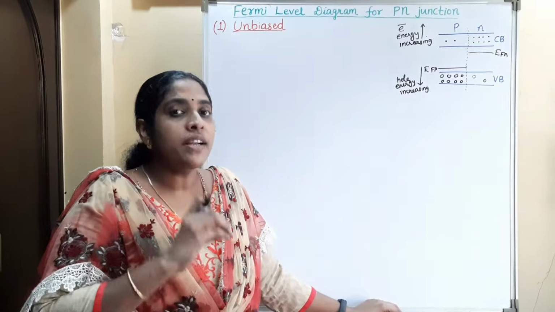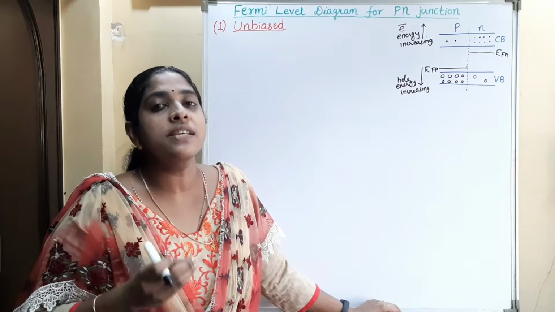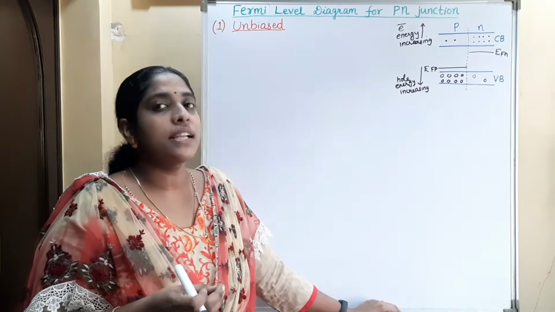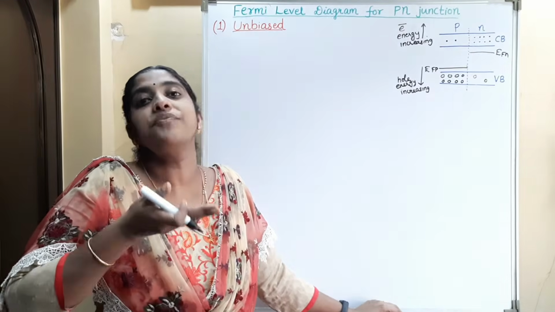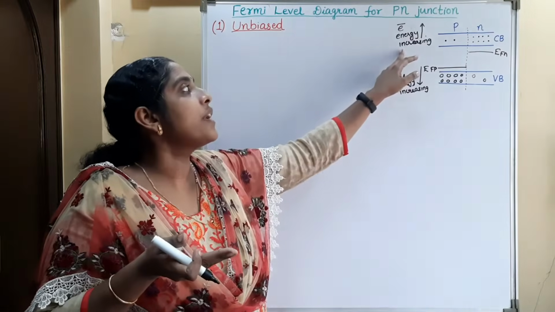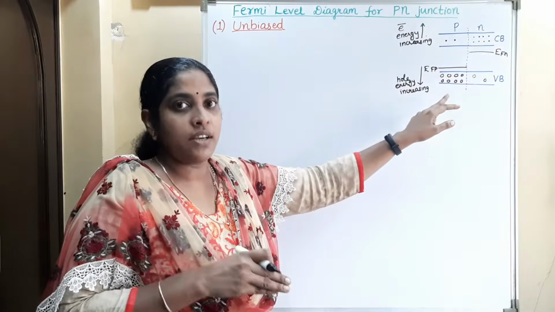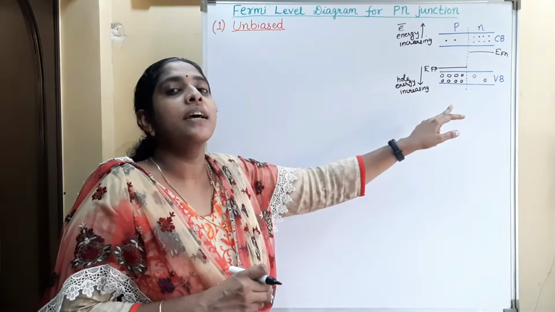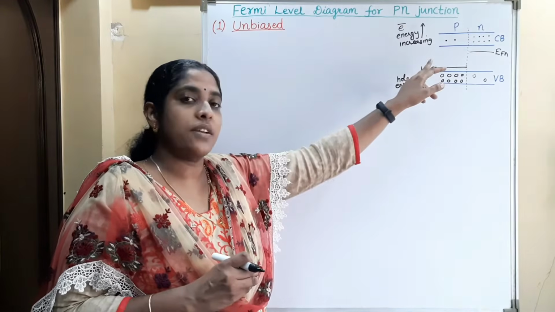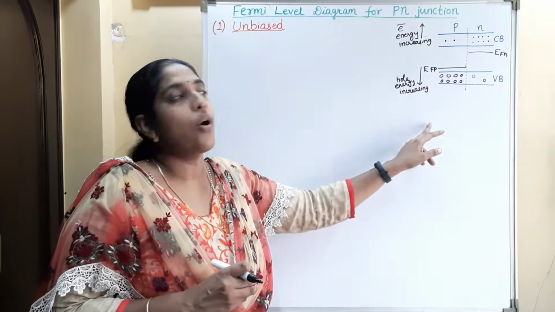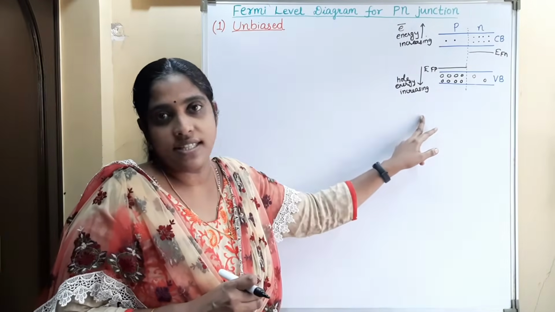If in one region the electron energy is increasing, in that region the band structure will shift upwards, because the electron energy increasing direction is upwards. If in one region hole energy is increasing, in that region band structure will move downwards, because hole energy increasing direction is downwards.